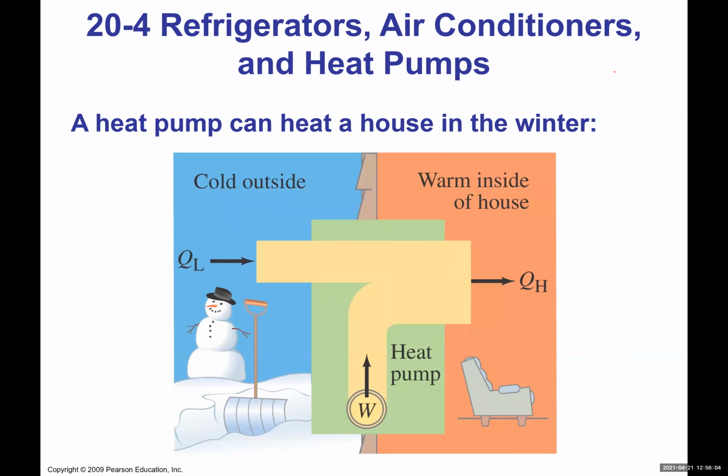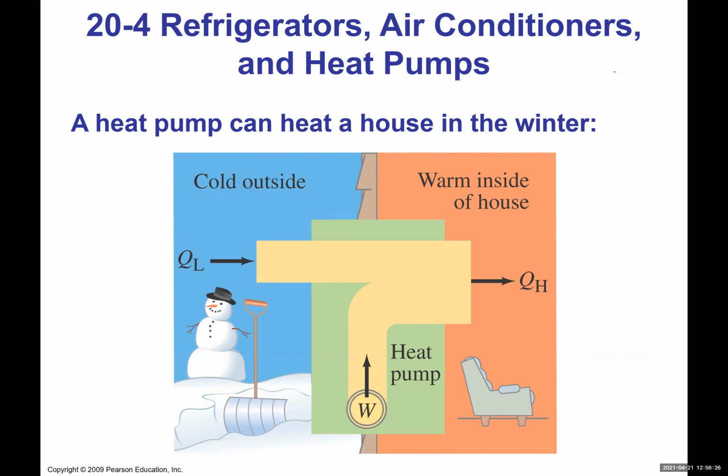All right, and this is the heat pump, which pretty much uses the same process. So you have cold outside. The heat pump is basically for the winter, right? You want to pump heat into the house, but obviously the house is warmer and outside is colder.